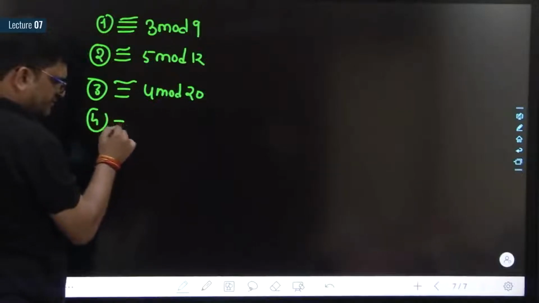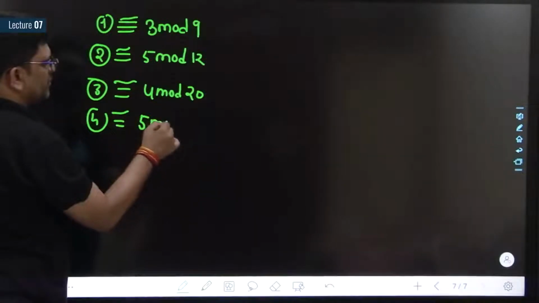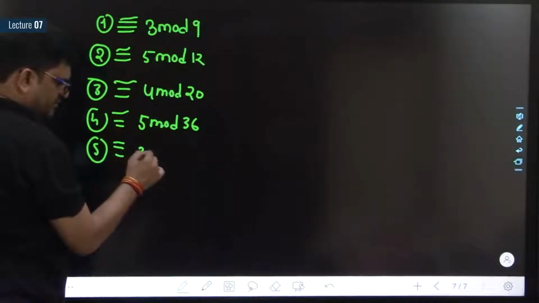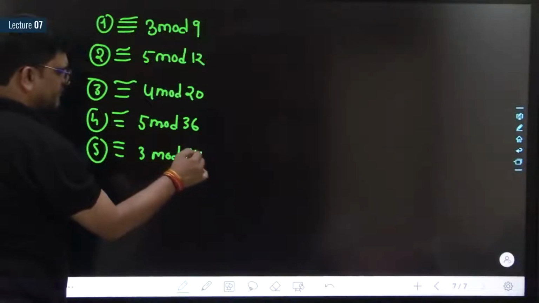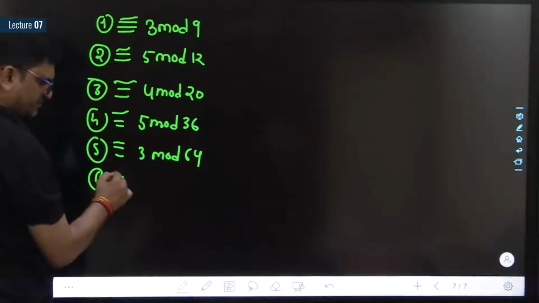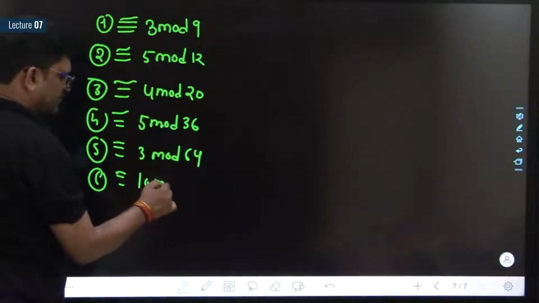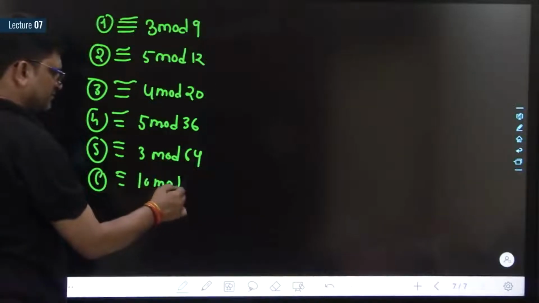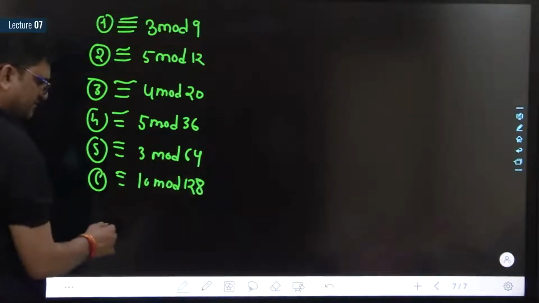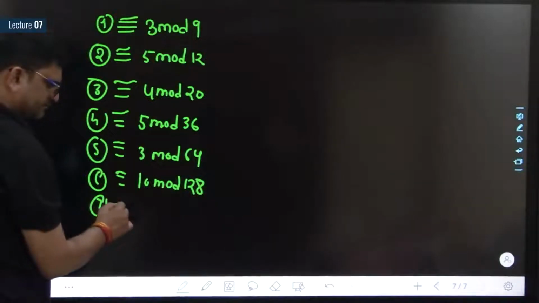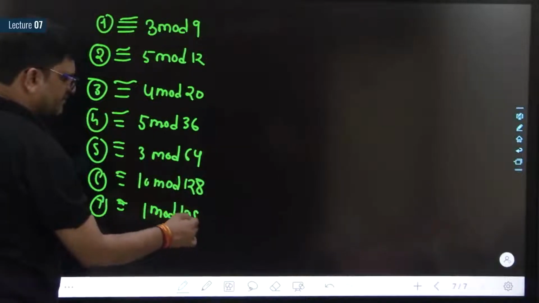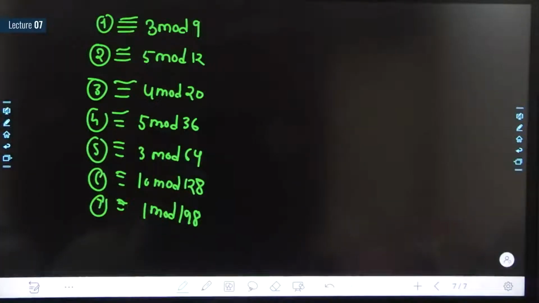Fourth question, 5 mod 36. Fifth question, 3 mod 64. Sixth question, 10 mod 128. Next question, 1 mod 198. Try to do this. Find the minimum number of states in the minimal DFA.